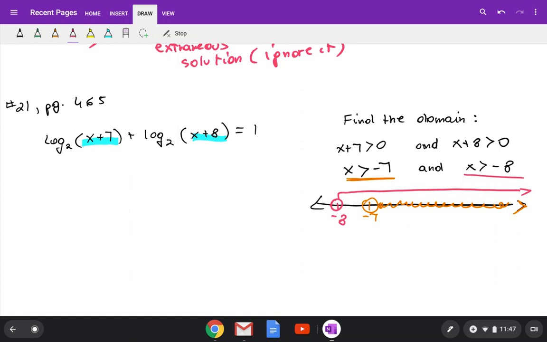So I'm moving all the way right here. So the solution of those two inequalities, because you have "and," and we talked about it, "and" means intersection, is the intersection of both graphs.